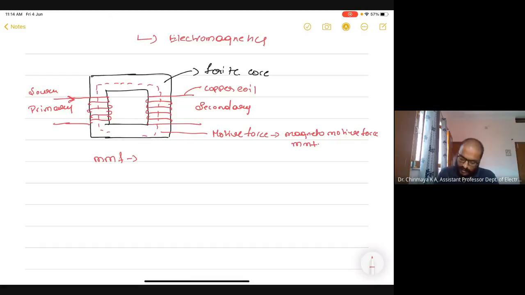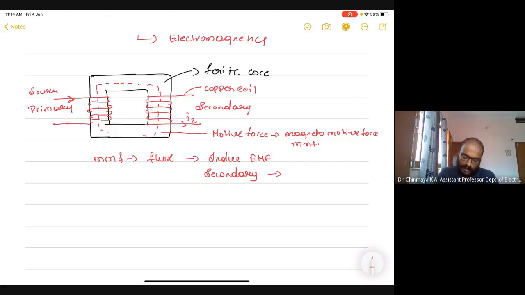This flux will induce an EMF in the secondary coil, and that EMF in turn will create the flow of current in the secondary coil, that is I2.